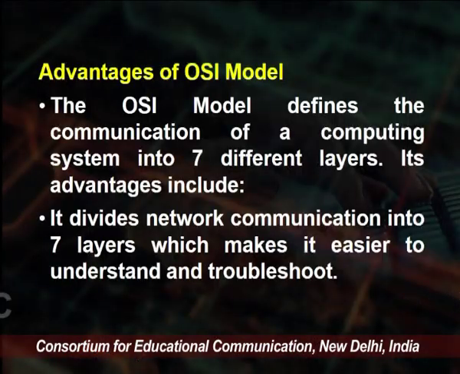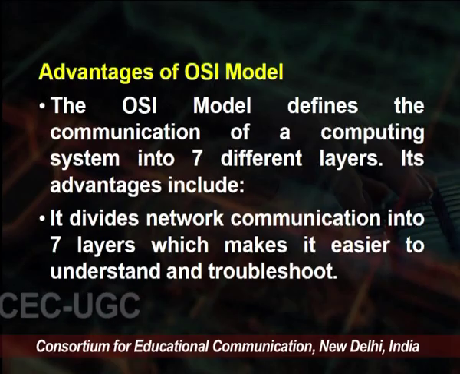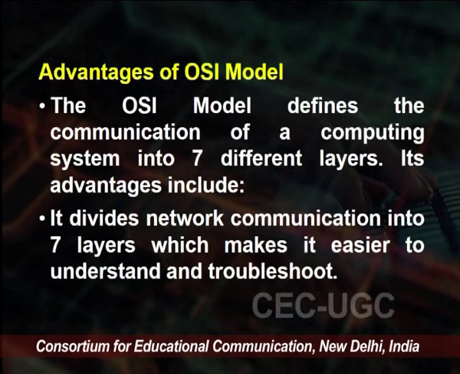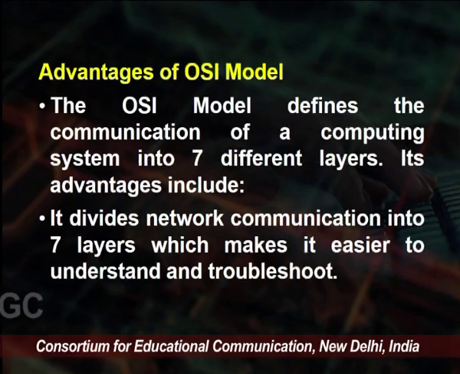If we talk about the advantages of the OSI model, it defines the whole data flow or communication flow of a computing system in the form of 7 different layers. Because of this division of the communication process into 7 layers, it is easier for a user to understand and to troubleshoot.